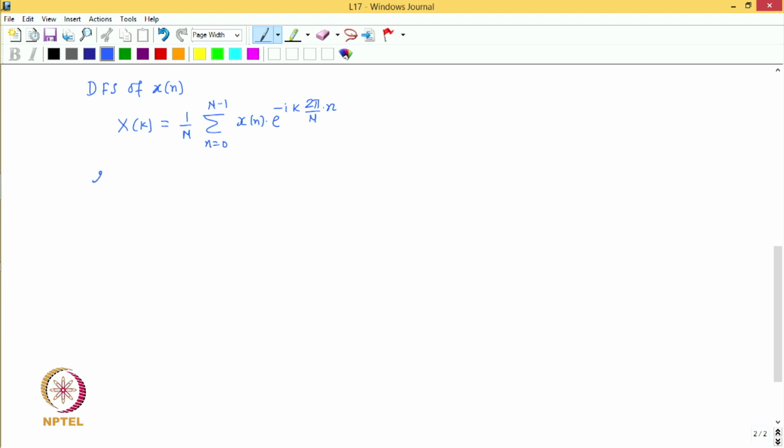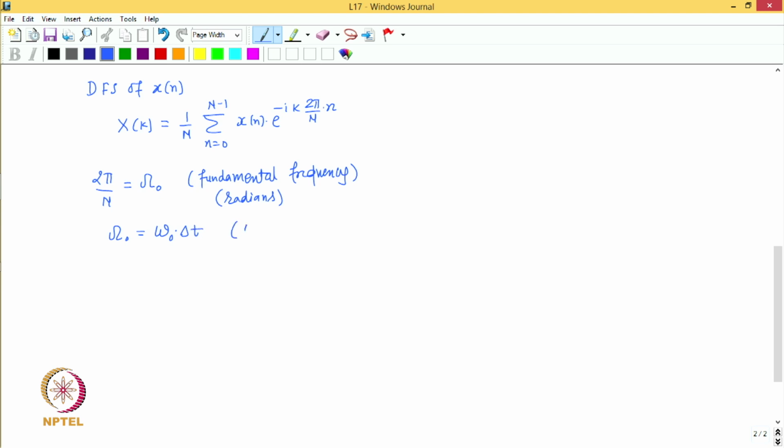Now here 2 pi by N we call the fundamental frequency, and we represent it by uppercase omega naught. This is nothing but the fundamental frequency of the discrete sequence. The unit of this is radians. This uppercase omega naught is related to the frequency in radians per second by this relationship.